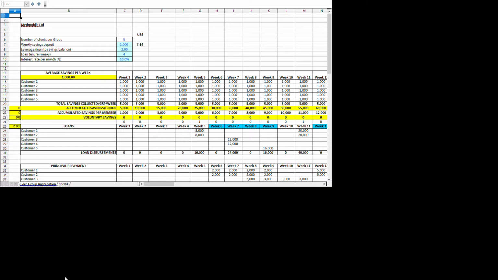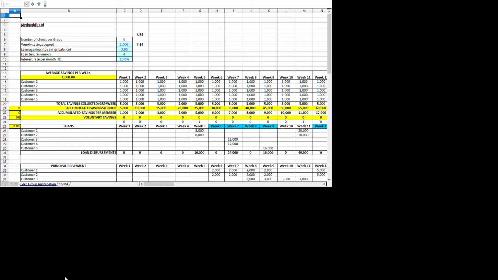In this example, we are using a 4-week loan tenure throughout the 52 weeks of the group, and the interest rate here is 10% per month. So if the customer borrows, they will repay the loans with 10% interest.